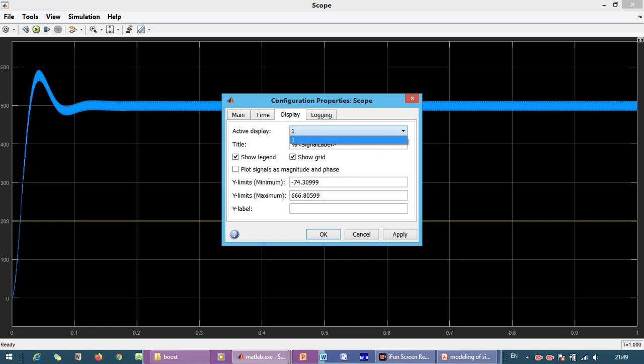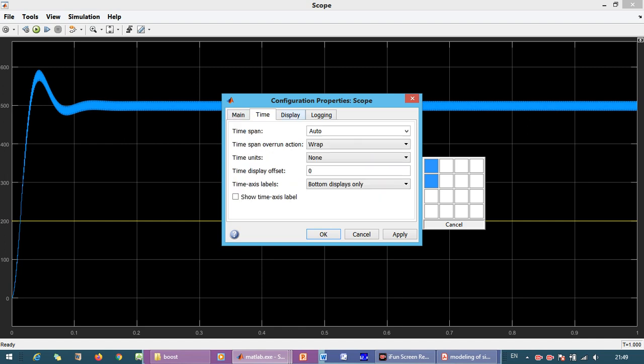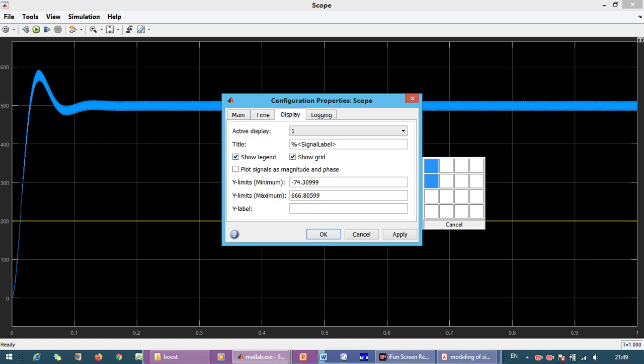Okay, and you can give different layouts, like the waveforms will be visible in two different scopes, or here the waveform is in a single scope, so you can change the scope also from here, and the legends you can set from here.